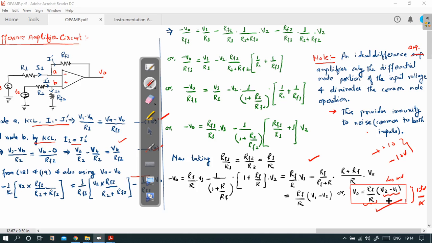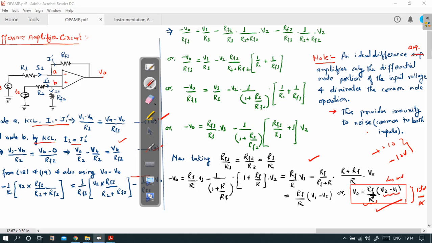Because look at here, in the equation there is no term of the common mode signal, that is something like V1 plus V2 by 2. There is no term here, it just consists of one term, and that clearly says about the difference signal part. So this is a pure difference amplifier circuit.